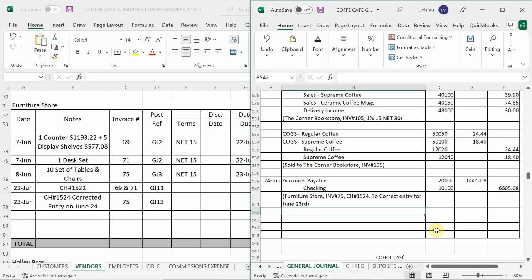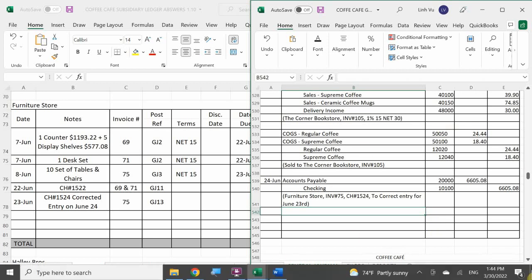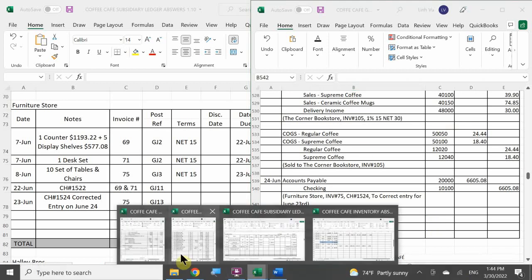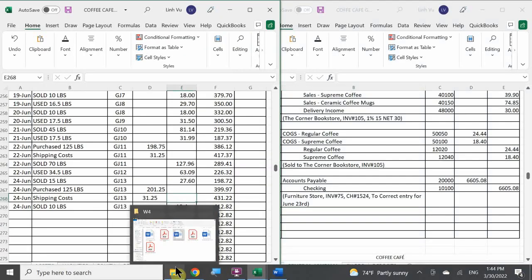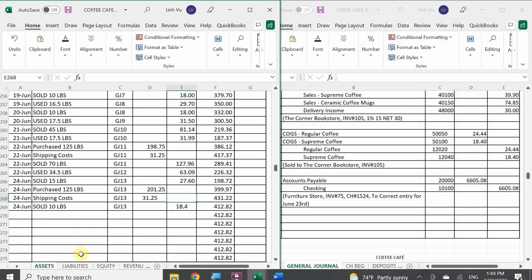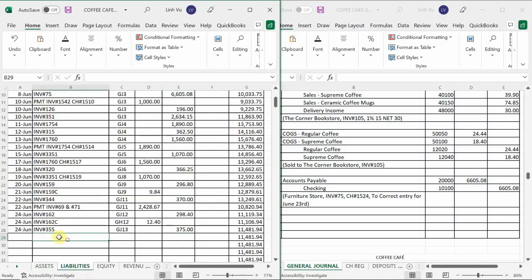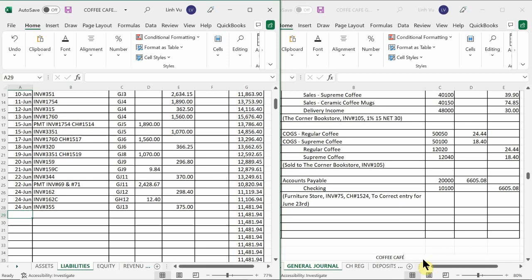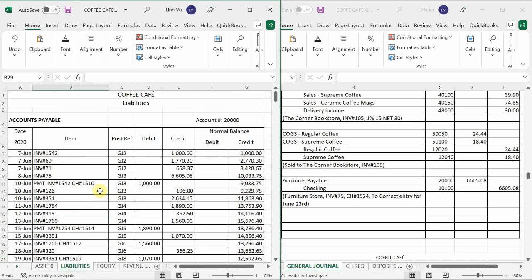All right. So in this case, what comes after the journal? The ledger. So in this case, you're keeping the dates of the 23rd correct throughout this whole thing because that's what we're supposed to be entering it in.